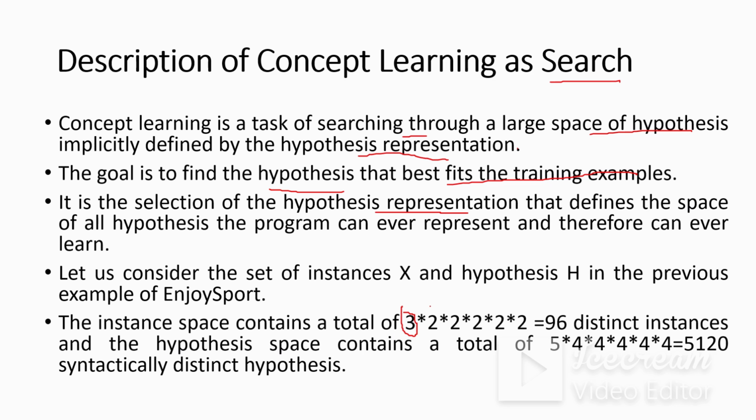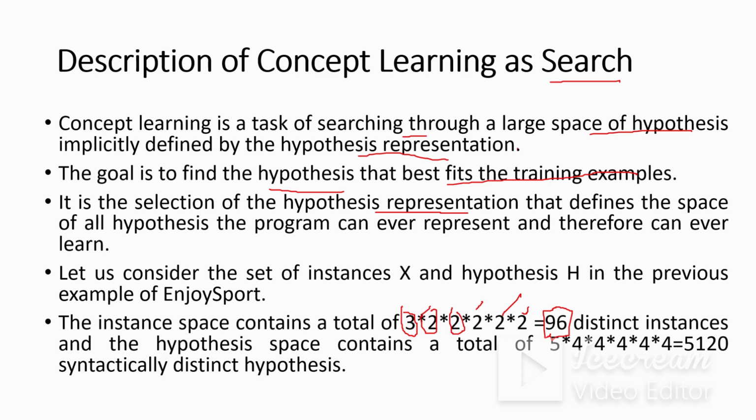The second attribute, air temperature, has 2 values. The third, humidity, has 2 values. The fourth has 2 values, the fifth has 2 values, and the sixth has 2 values. Therefore, the size of the instance space is 3 x 2 x 2 x 2 x 2 x 2, which is equal to 96, which means there is a possibility of having 96 distinct instances.